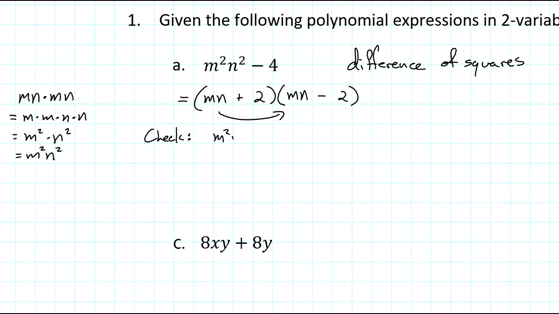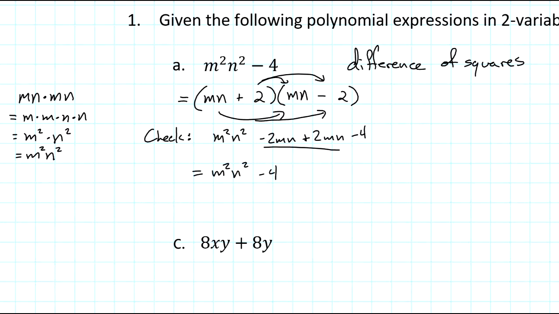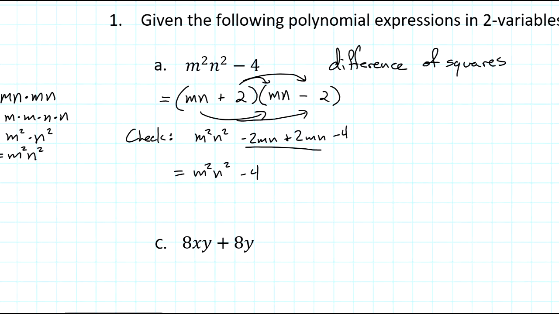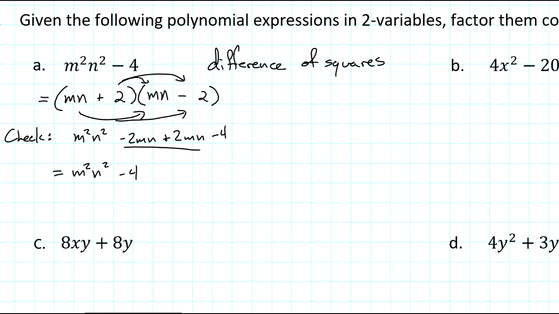So we'll have m squared n squared, and we'll have minus 2mn, and plus 2mn, and then a minus 4. Sure enough, the middle terms cancel, and we get m squared n squared minus 4. Not so bad, I hope. Let's go ahead and move on to part B.